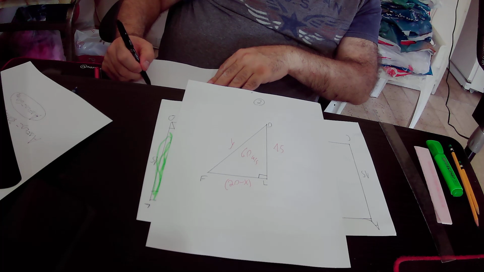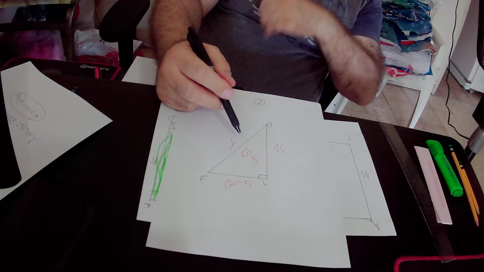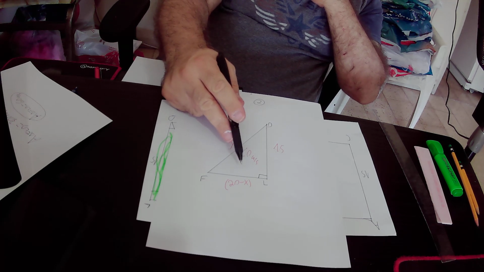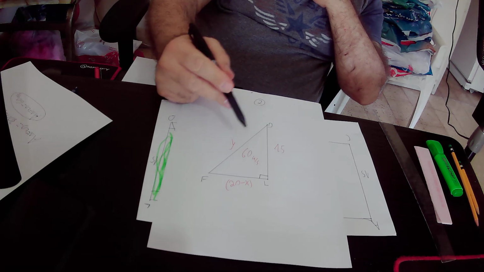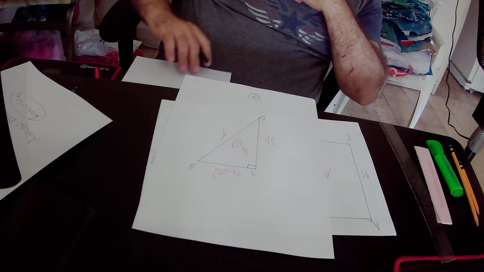So in total, the area of this right triangle FLD equals the base, 20 minus x, times the height to the base, 15 units, over 2.